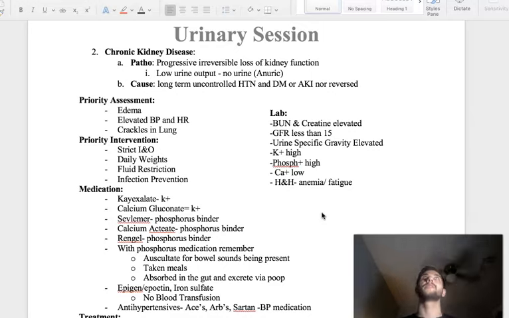These are going to be the same for AKI and CKD. The labs you're going to do are the BUN, creatinine, the GFR usually starts less than 15. The AKI is less than 80. This one is less than 15. You're going to check the urine specific gravity, potassium, phosphorus, and all of these labs.